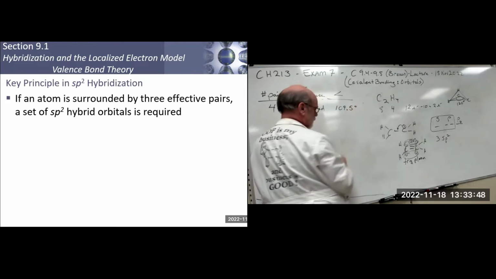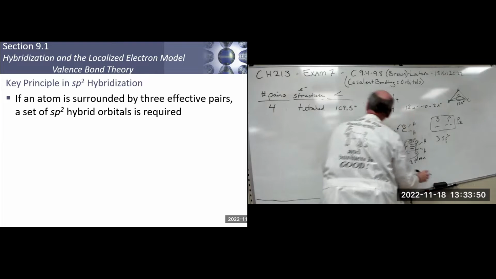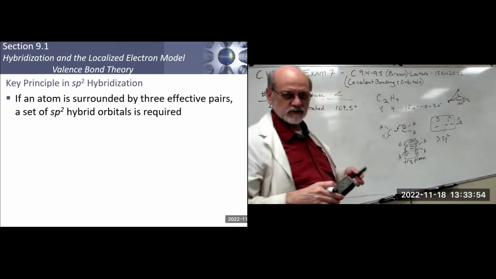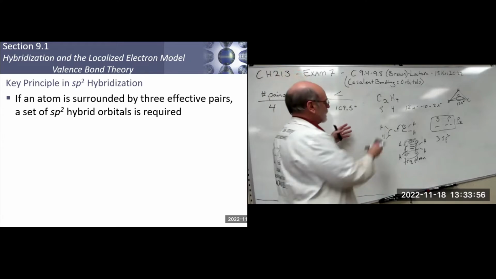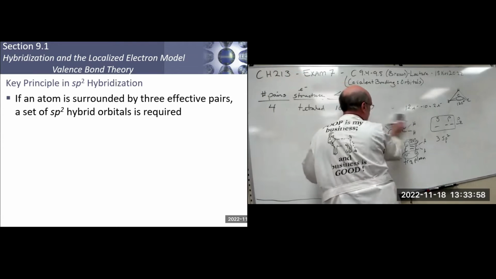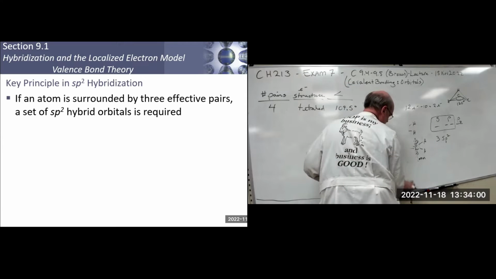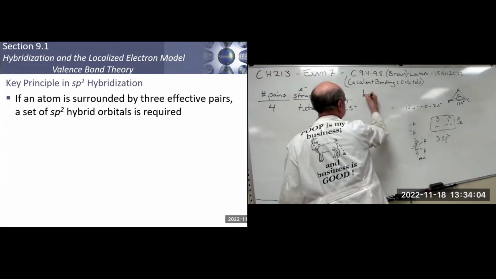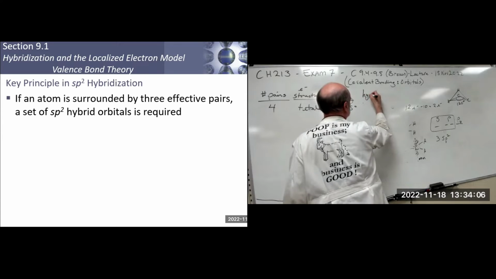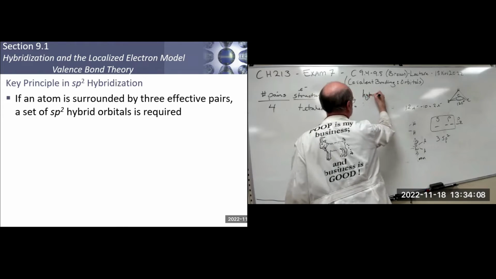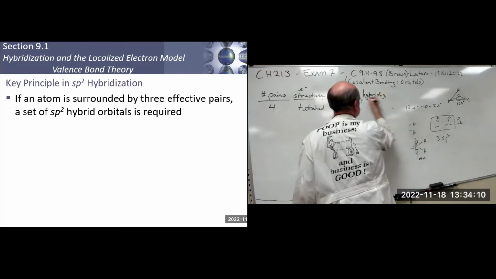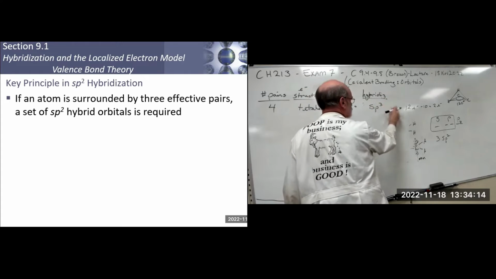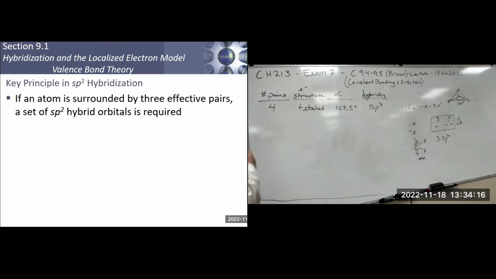And you've seen this chart before because we did one for the VSEPR. But what we're going to do now is say, all right, what are the hybrid orbitals that make this possible? This has to be an sp3 hybridization in order to give you that geometry.